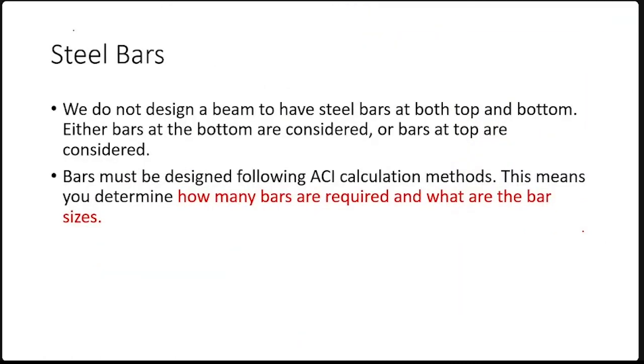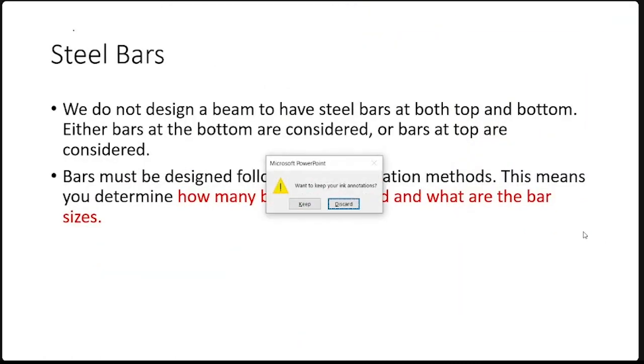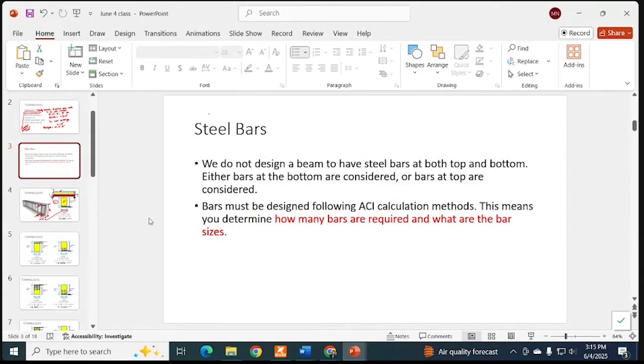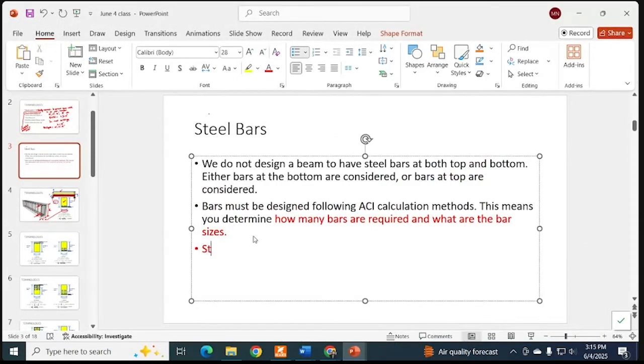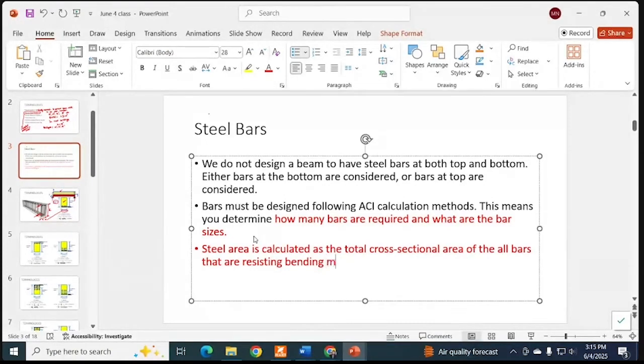So steel area is calculated as the total. The bars that are resisting bending moment will be calculated as steel area.